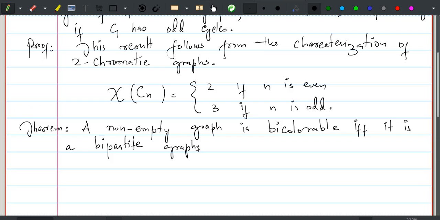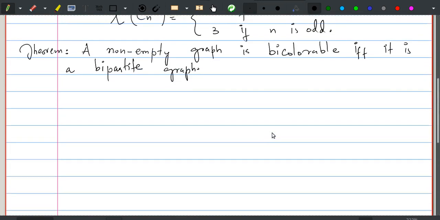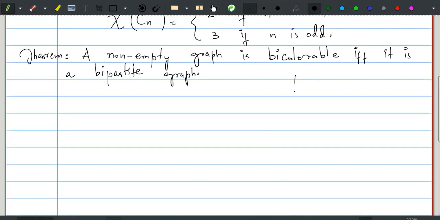So let us prove this result. By a bipartite graph, we mean the following. Suppose we have a graph G with vertex set V and edge set E. We say this graph G is bipartite if the vertex set V can be partitioned into two disjoint subsets, say V1 and V2.